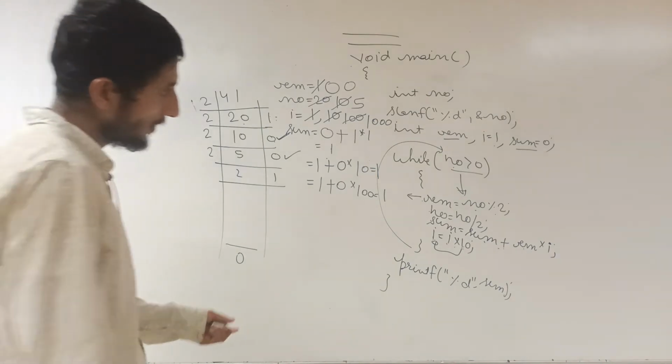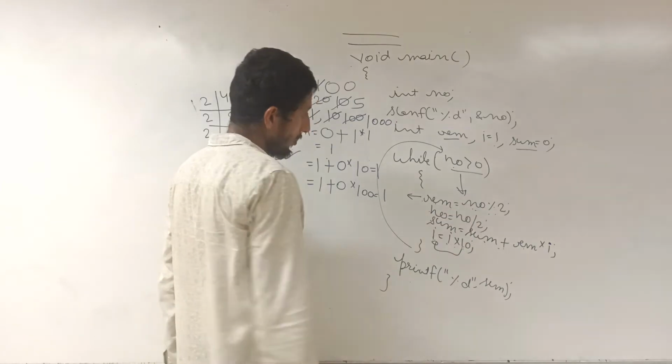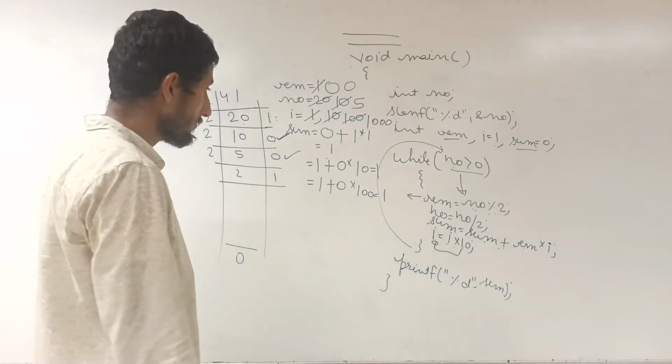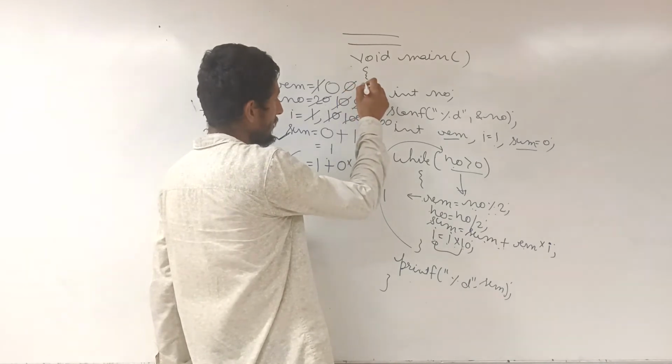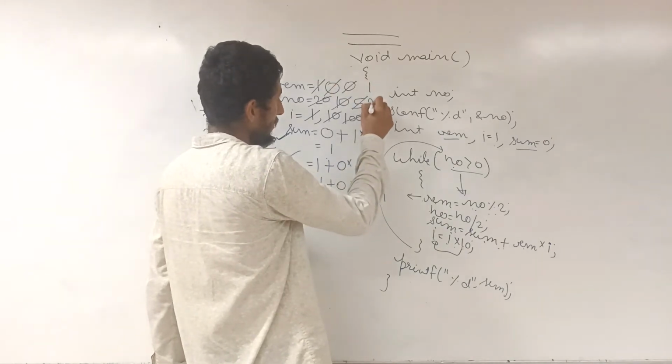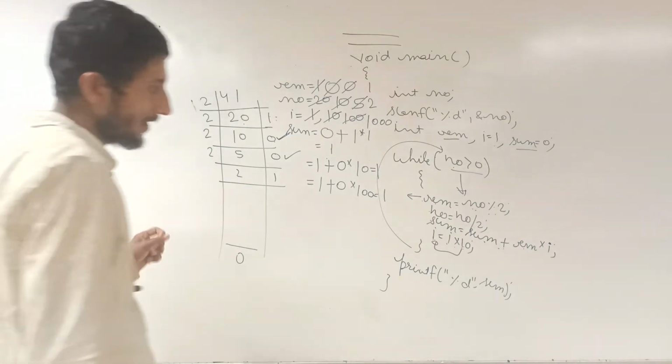So what is going to happen? Again execute the loop. Remainder equals number percent 2. What is the number? Number is 5, so the remainder becomes 1 and the number becomes 2. Please pay attention.